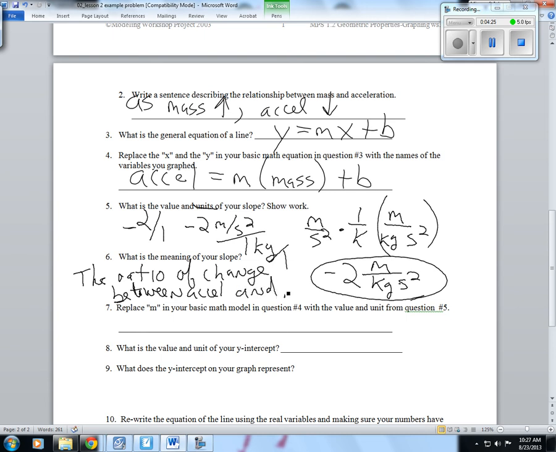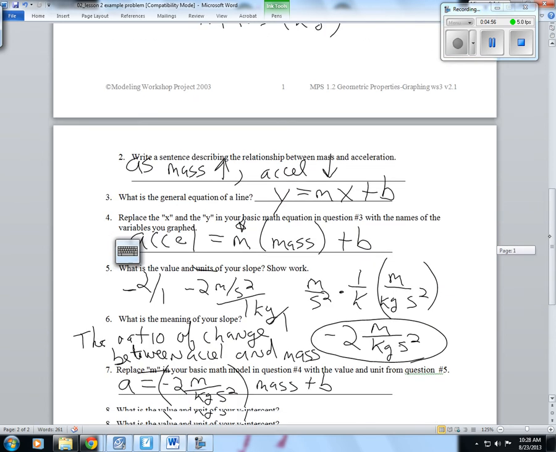As the mass increases, it says your acceleration decreases. Number 7 says m. Now let's plug it into our equation. So we've got acceleration is equal to negative 2. Now include your units: meters over kilograms second squared, times our mass, plus our y-intercept.